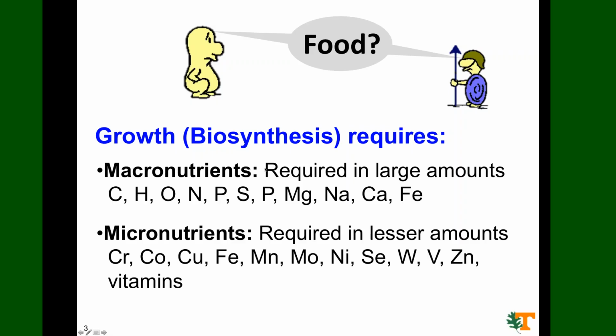So those are nutrients that are required in larger amounts, in particular carbon, right? That's a key macronutrient they need in order to grow. But there are others, right? Nitrogen, phosphorus, sulfur, and so on. There's also a series of micronutrients. They're also essential, but they are required in lower amounts. For example, copper, iron, manganese, and so on.